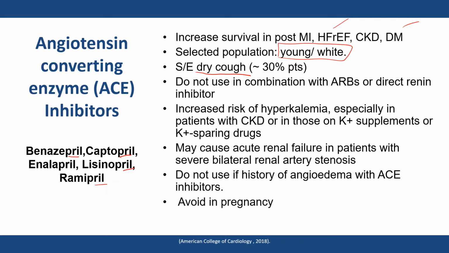What happens is that these drugs, when they are blocking the ACE enzyme here in the lungs, there's another enzyme called bradykinase. So ACE inhibitors will increase the level of bradykinin by blocking the enzyme called bradykinase.